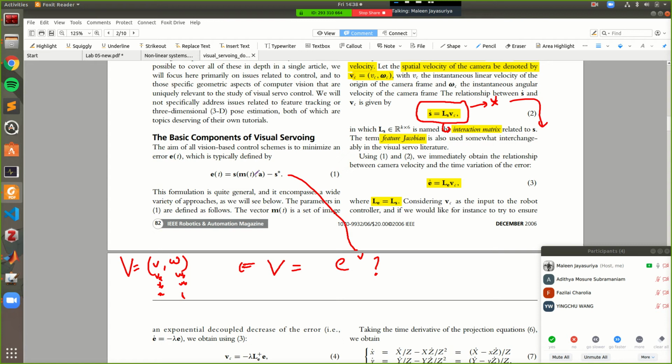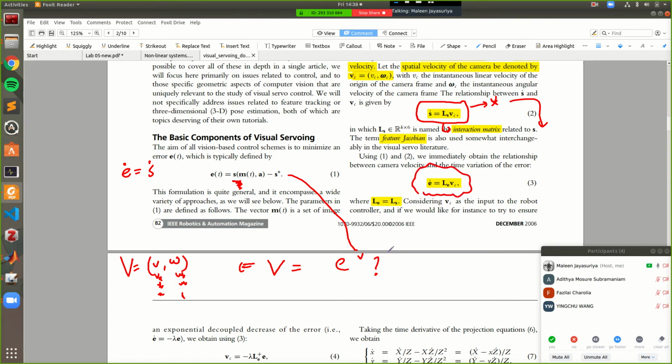So to do that, you can see here that there is an s dot. If we can create an s dot in this equation, we can relate these two. So we just differentiate this and then we get s dot, and we can see that e dot is equal to s dot. So we can just replace this s dot by e dot, and then we get this relationship.